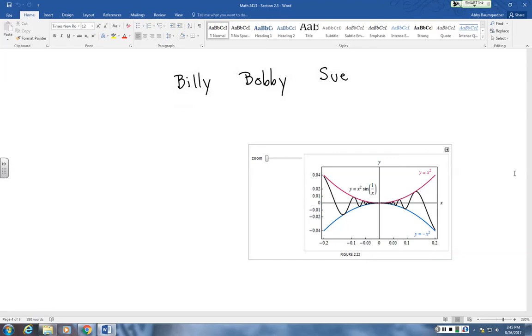So Billy's salary is less than or equal to Bobby's salary. And Bobby's salary is less than or equal to Sue's salary. Right? So if I just come out and say, hey, I know this to be a truth, because that's just the way life is, Billy is less than or equal to Bobby is less than or equal to Sue. Just pretend this is a truth, okay?